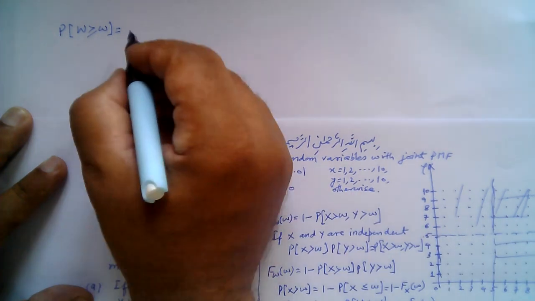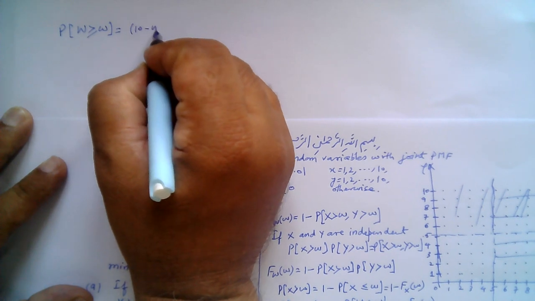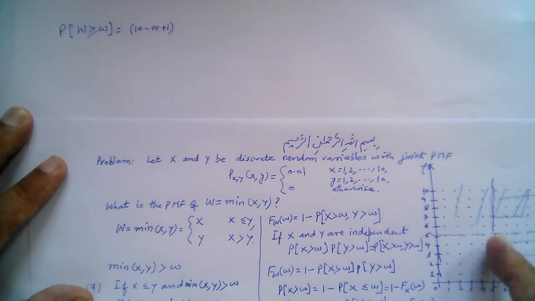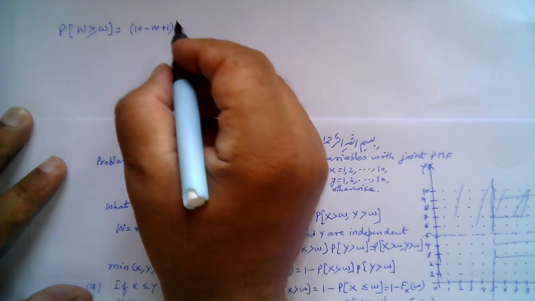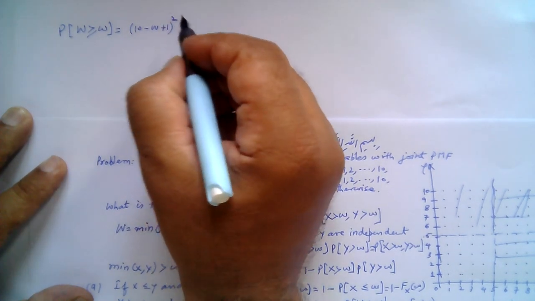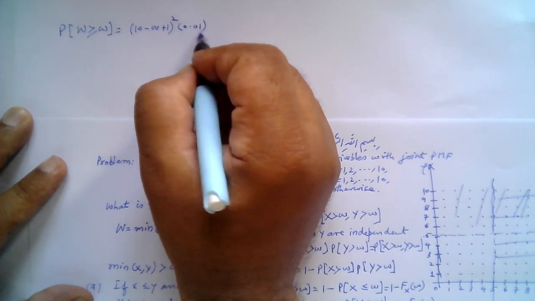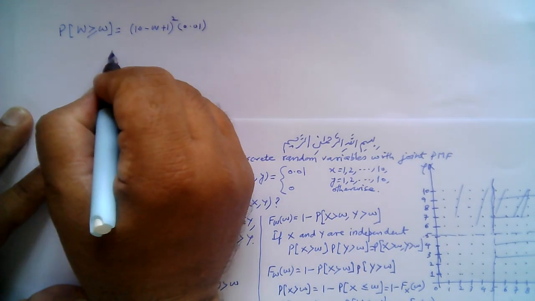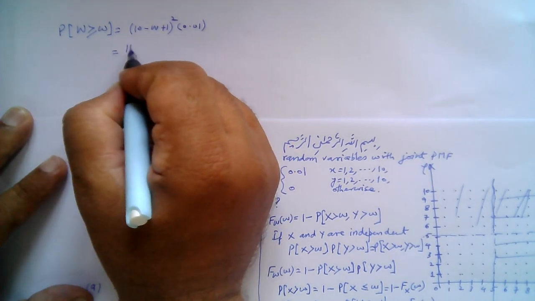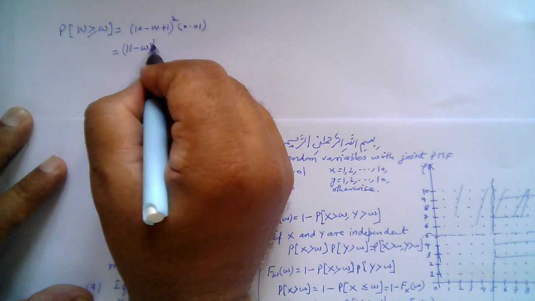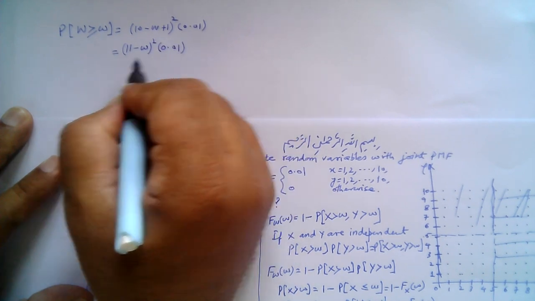So this will be 10 minus w plus 1 for the row and for the column also. So this will be squared here, right? Multiplied by the probability 0.01. So again this will be equal to (11 minus w) squared into 0.01.